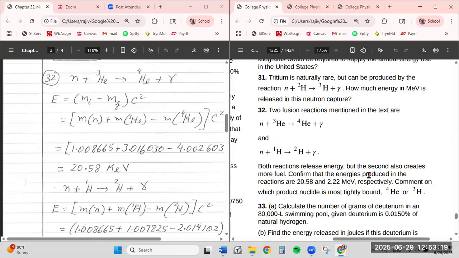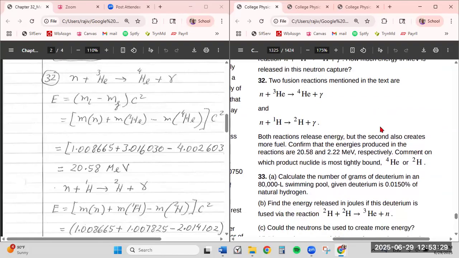Both reactions release energy, but the second also creates more fuel. Confirm that the energies produced in the reactions are 20.58 and 2.22 MeV, respectively. Comment on which product nuclide is most tightly bound, helium-4 or deuterium.